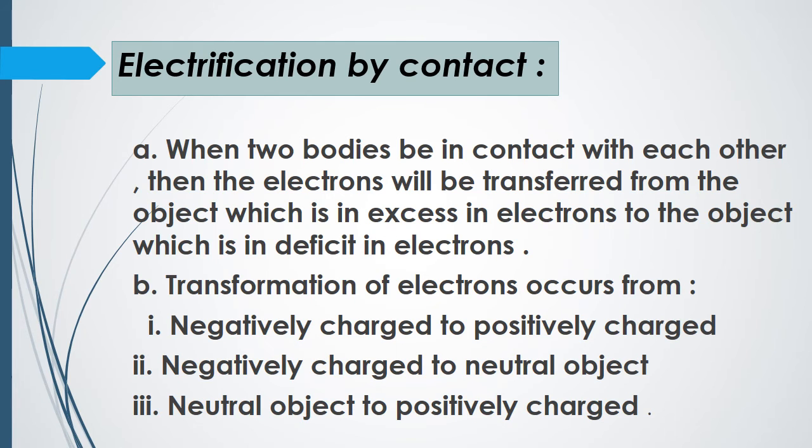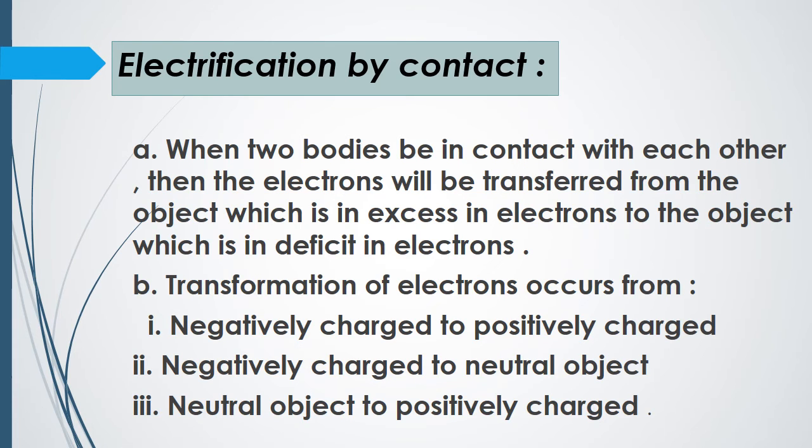Also, if we have a negatively charged object and a neutral object and we put them in contact, electrons will transfer from the negatively charged object to the neutral object, since the negatively charged object is in excess while the neutral is in deficit.